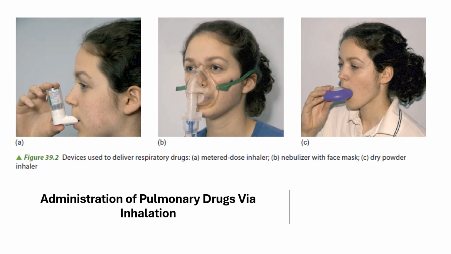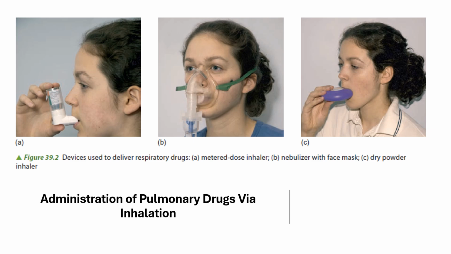Now, solvents such as paint thinners and glues are sometimes intentionally inhaled and can cause serious adverse effects on the nervous system and even death. In general, however, drugs administered by the inhalation route for respiratory conditions produce minimal systemic toxicity.